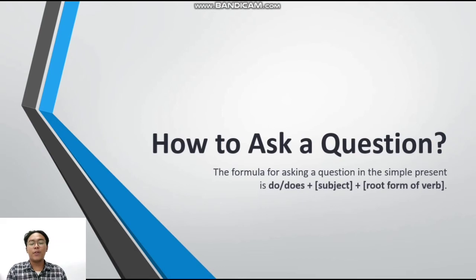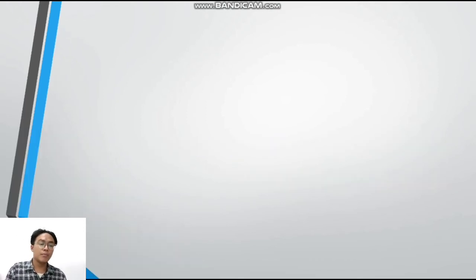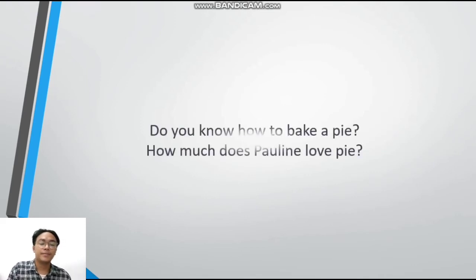The formula for asking a question in the simple present is do or does plus subject plus the root form of the verb. For example, do you know how to bake a pie? And the second one is, how much does Pauline love pie?